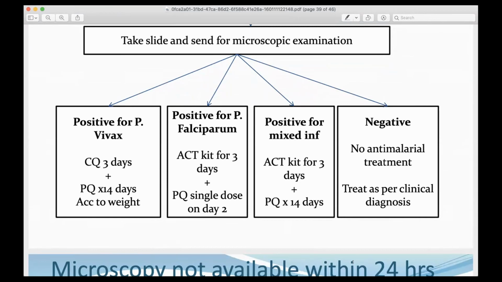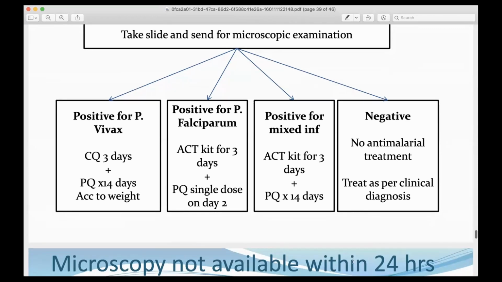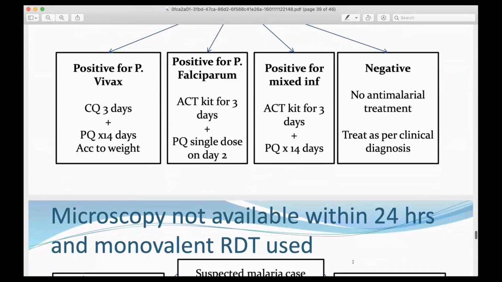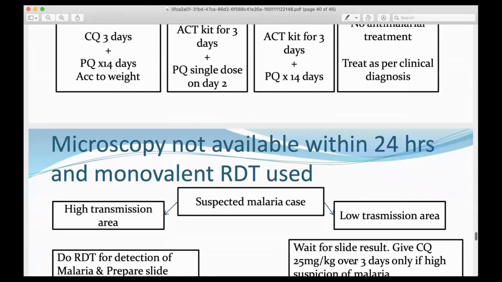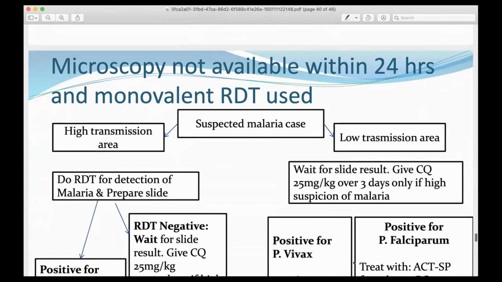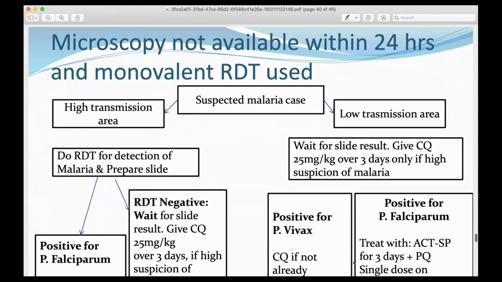If positive for mixed infection, then better give artesunate combination therapy plus primaquine for 14 days. If it is negative, then no anti-malarial treatment. But remember, if it is negative and a highly suspected case, you have to repeat at least twice.